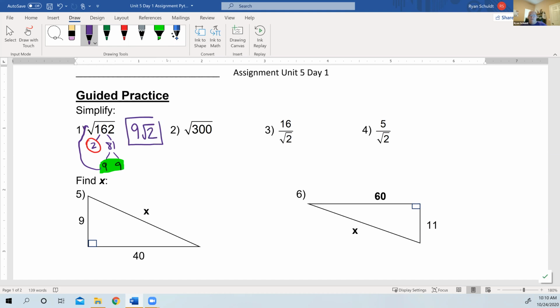There's my answer. Again, if you were typing this in Google, you would say 9, and then you don't even have to put the multiplication sign. You can say 9 square roots of 2 like that. That's okay. Don't tell me 92, 9 times 2. No, 9 square roots of 2.